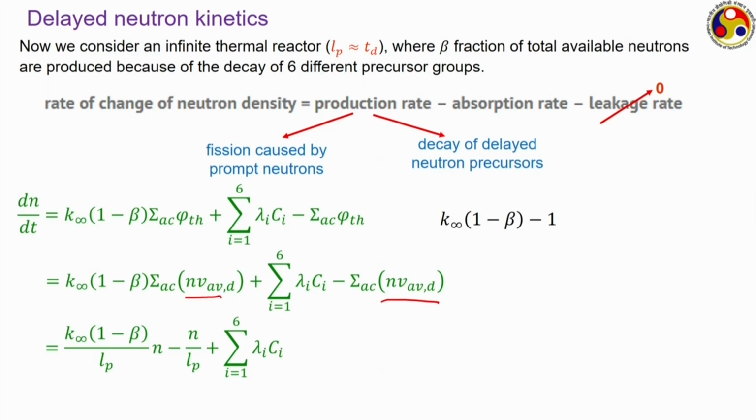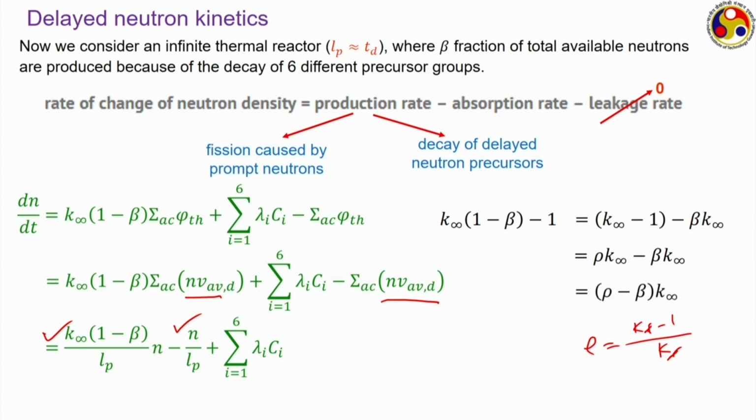We are taking this numerator here and also combining that with this. So, K infinity into (1 minus beta) minus 1 can be written like this. And what is the definition of rho, reactivity? Rho we know is defined as (K infinity minus 1) by K infinity. So, that substitution has been done, and accordingly we get this to be rho minus beta into K infinity.